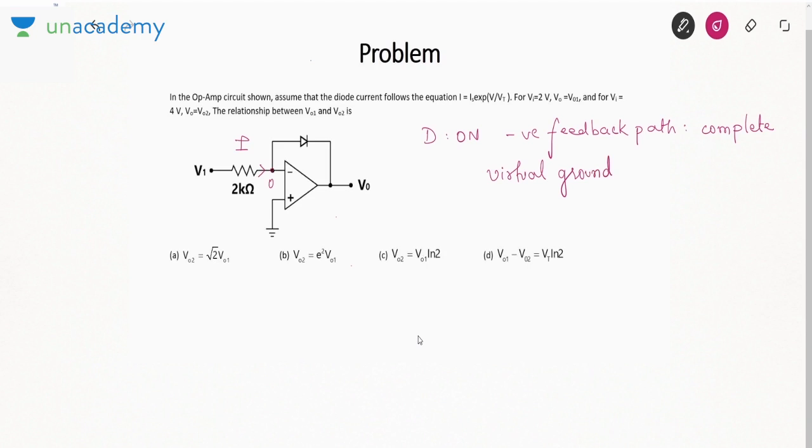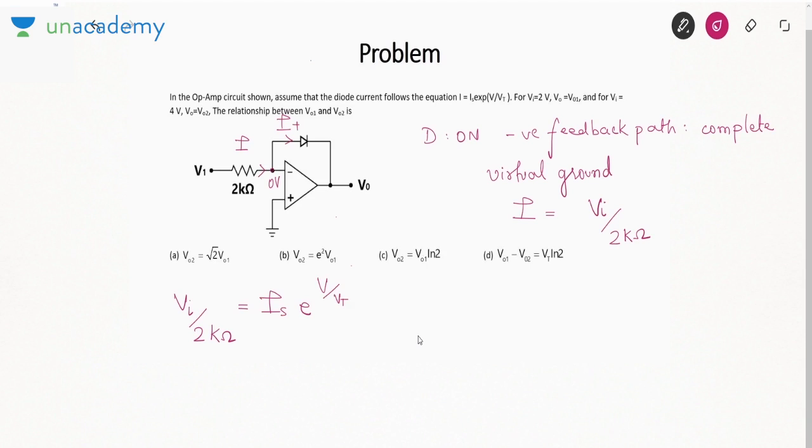That means this voltage will also be 0. So what about I? I is Vi by 2 kilo ohm. This current I will go into the diode. So Vi by 2 kilo ohm is equal to Is e to the power V by Vt.